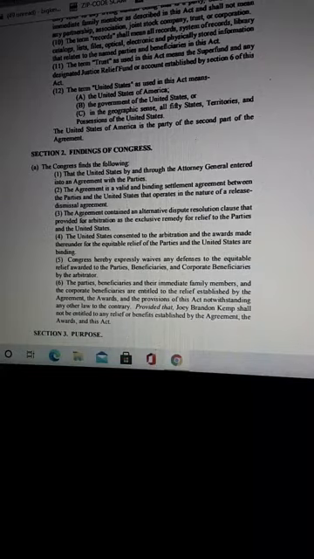The agreement contained an alternative dispute resolution clause that provided for arbitration as the exclusive remedy for relief to the parties and the United States. What have I been saying?